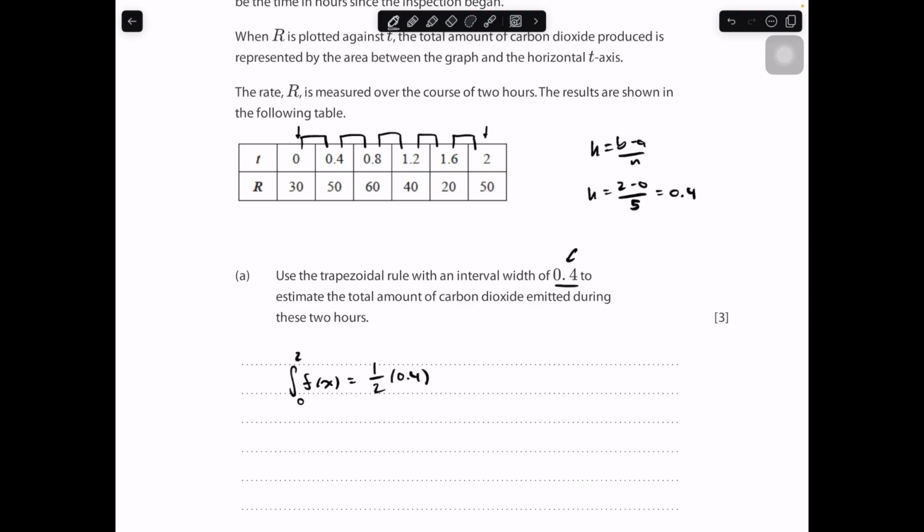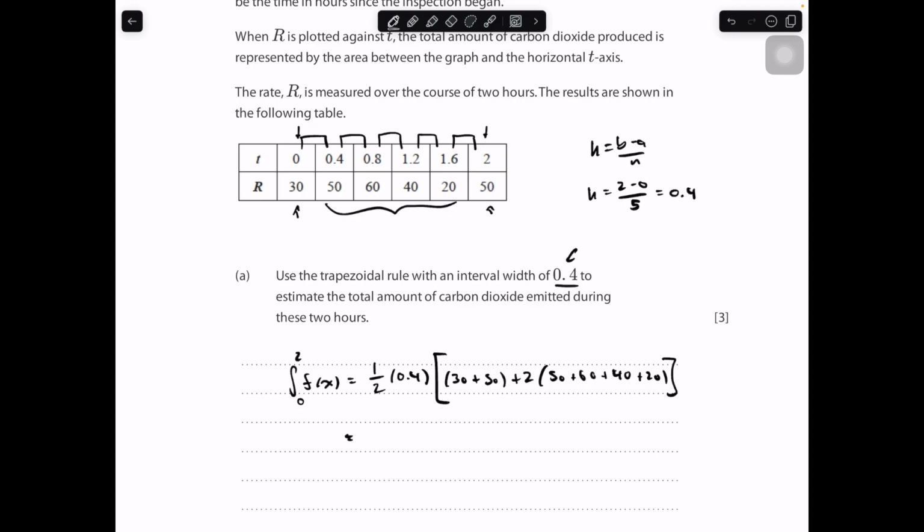And now let's set this up by looking at the starting value of 30 plus ending value of 50 plus 2 times all of these intermediate values. So 50 plus 60 plus 40 plus 20. All right. I think that's it.